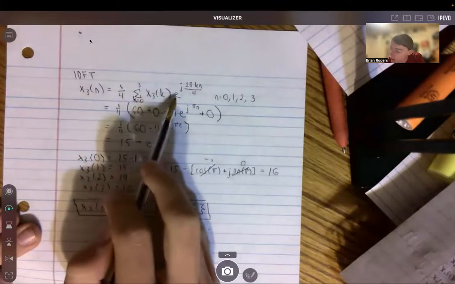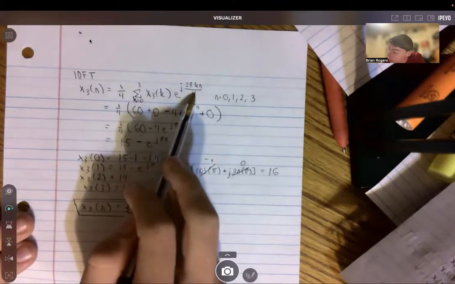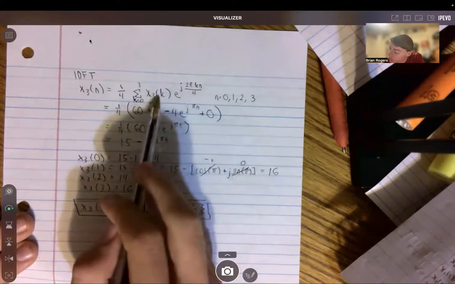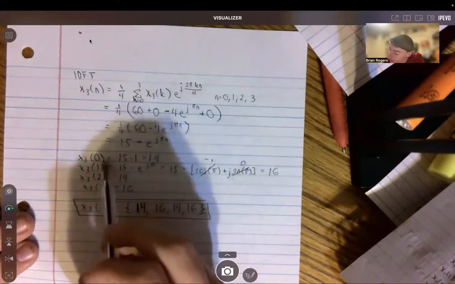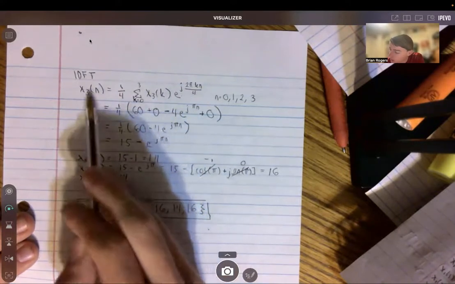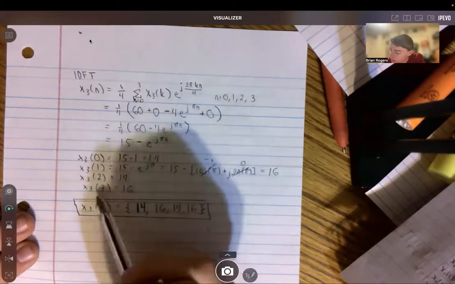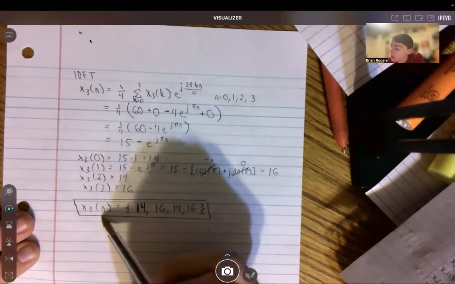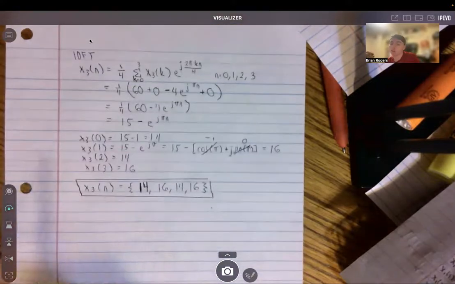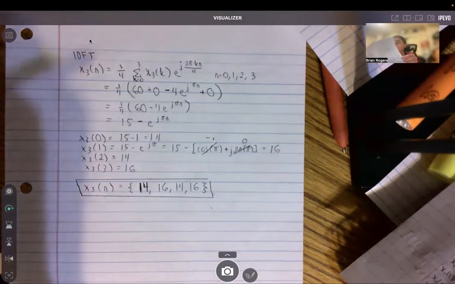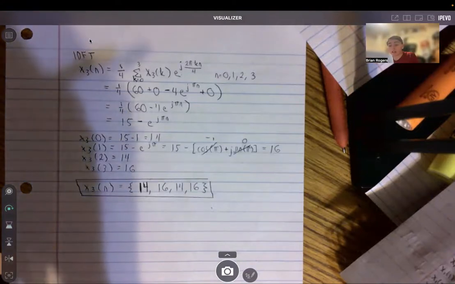Then x3 of k, and then we plugged in here for capital N equals 4. So first you do the summation of the k's, and then you plug in the n values, n0, n1, n2, n3. Then you get your x3. So that was the entire process of doing the DFT and IDFT in order to get a good understanding behind it.